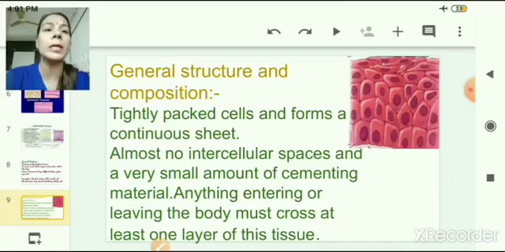Almost no intercellular space and a very small amount of cementing material is also present. Anything which is entering or leaving the body must cross at least one layer of this tissue. So this tissue plays a very important role in protection and transportation of various things.